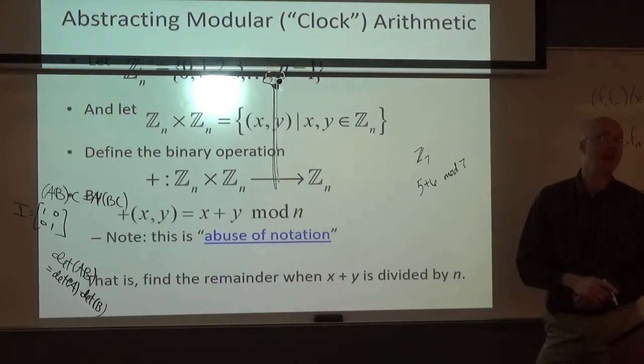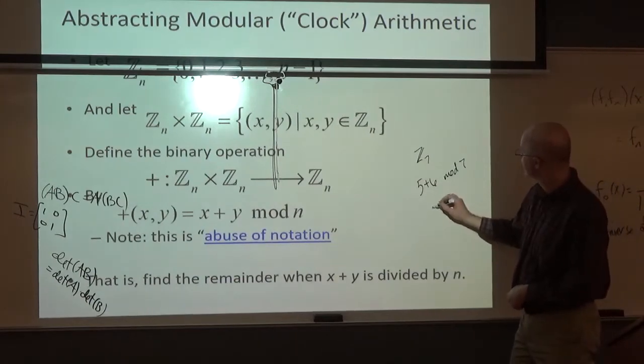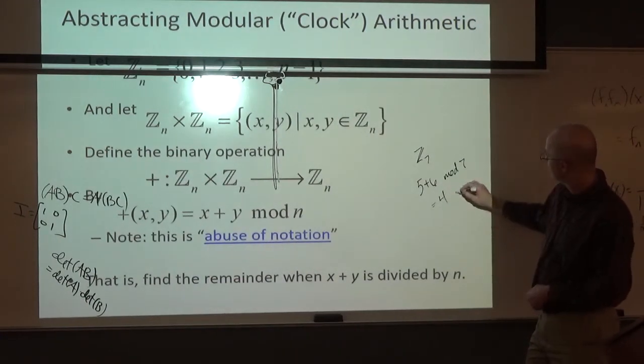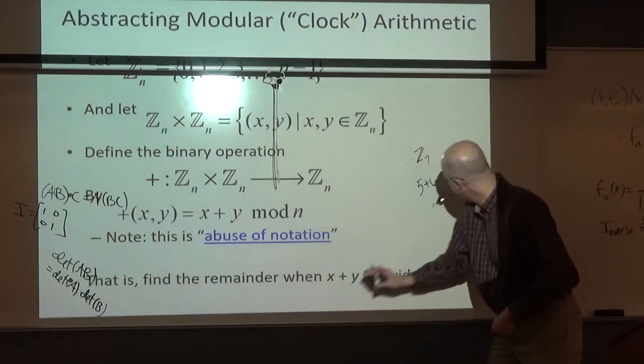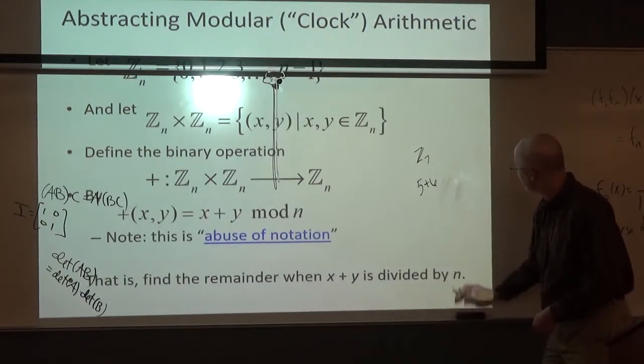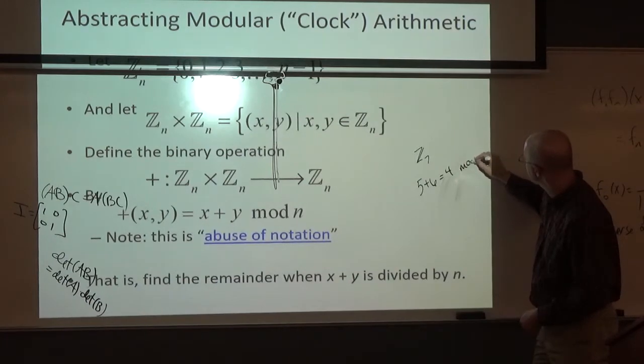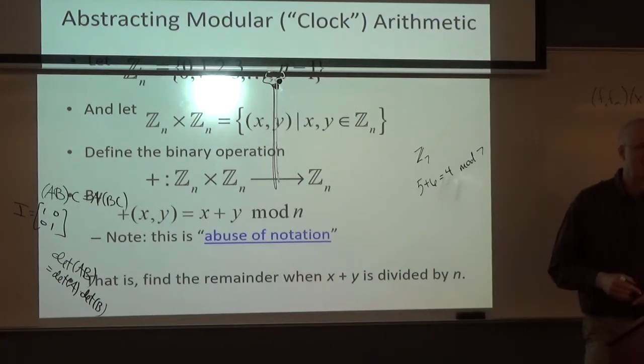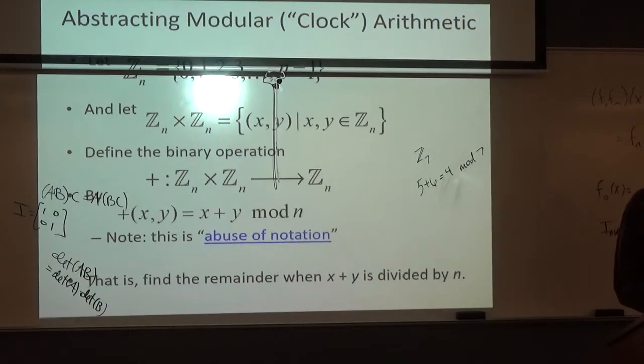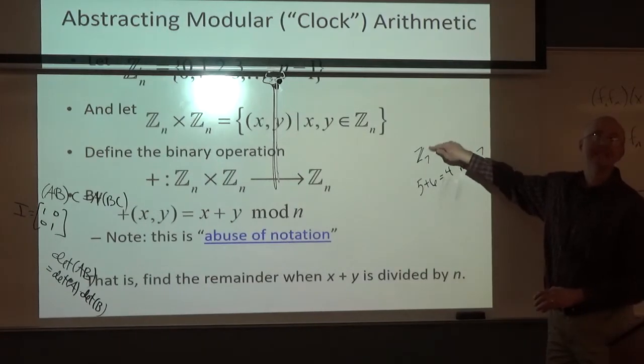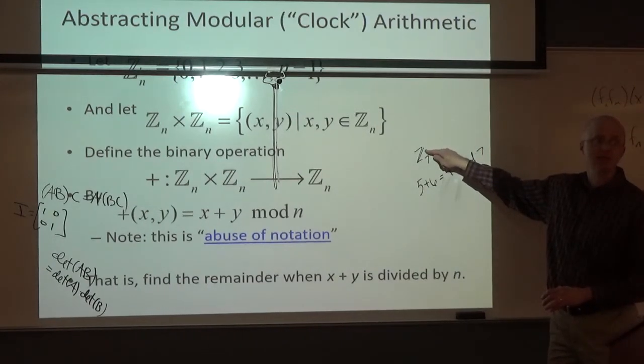Meaning, find the remainder when you take 11 divided by 7. 11 divided by 7 has a remainder of 4, right? This is 4, mod 7. Usually you put the mod at the very end, and just once typically. 5 plus 6 usually is thought of as being 11. But when you divide 11 by 7, you get a quotient of 1 and a remainder of 4. So 5 plus 6 equals 4 in Z7, in the binary operation of Z7.